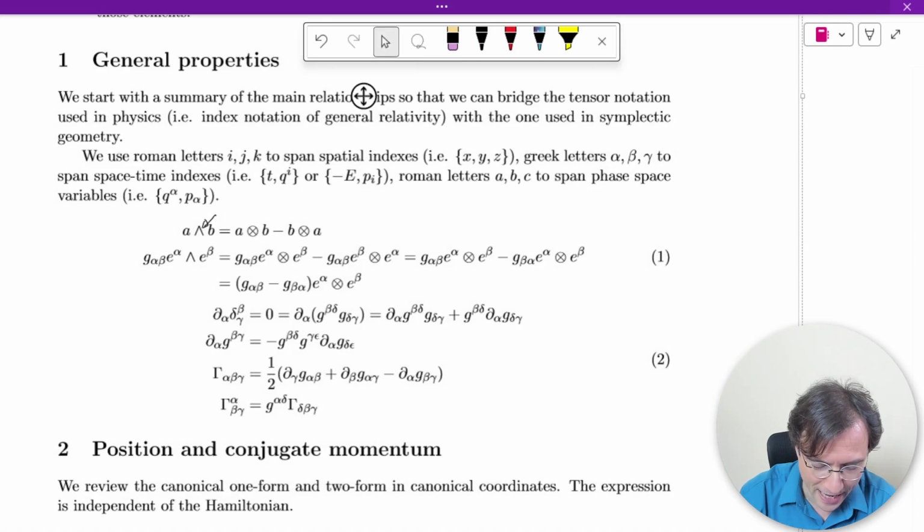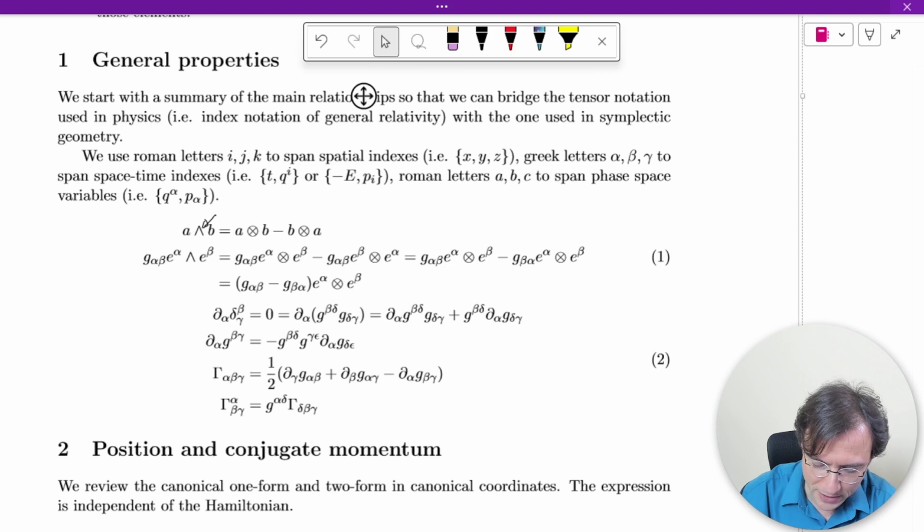So if we have a tensor that is contracted with E alpha wedge E beta, where E alpha are the bases, in this case the covariant bases, we can expand this and you basically get this tensor with E alpha tensor E beta minus E beta tensor E alpha.